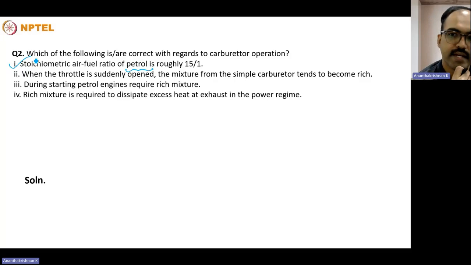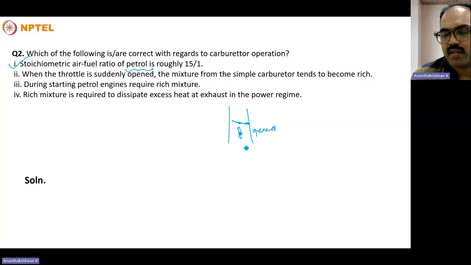No. When the throttle is opened suddenly, instead of this one, if it is open like this, the airflow will not be choked in this case.